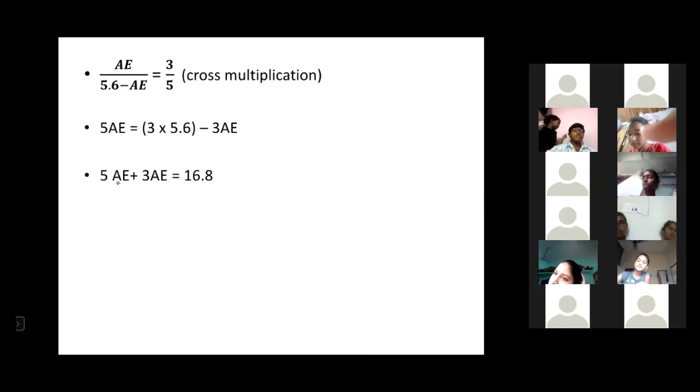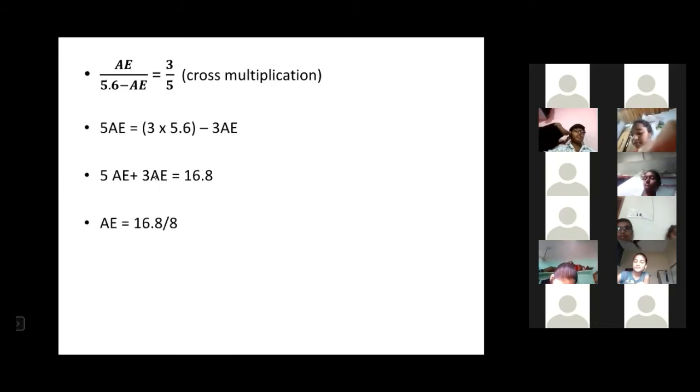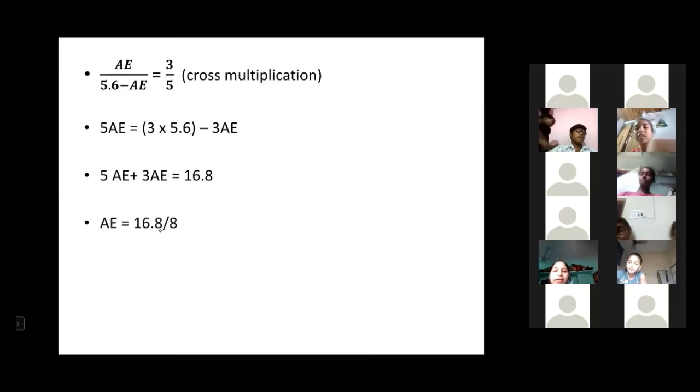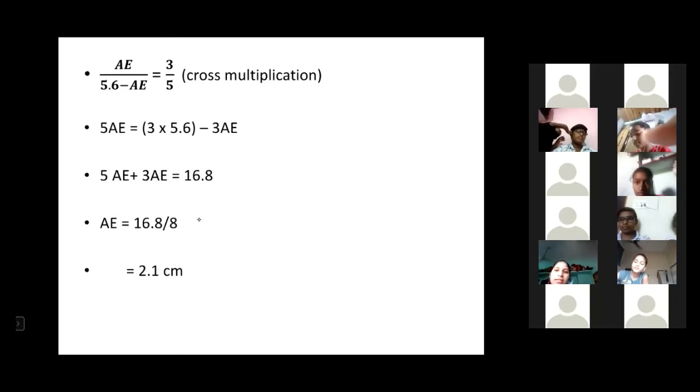Now 5AE plus 3AE is 8AE. 8AE is equal to 16.8. AE equals 16.8 by 8, so AE equals 2.1 centimeters. This is our answer. Clear? Yes, sir, clear.